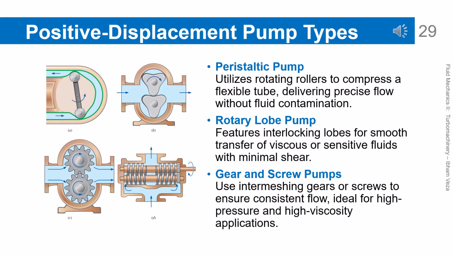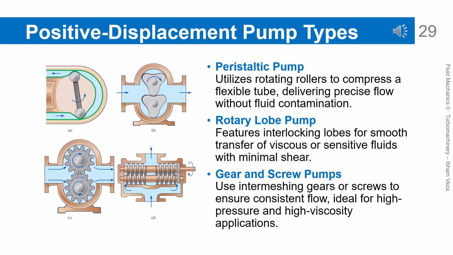Positive displacement pump types. Peristaltic pumps work by squeezing a flexible tube using rollers, so the fluid never contacts the pump mechanism. Rotary lobe pumps transfer fluid using two interlocking lobes with smooth flow and low shear.